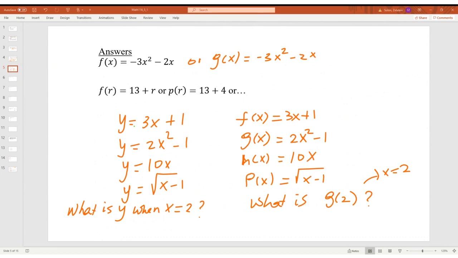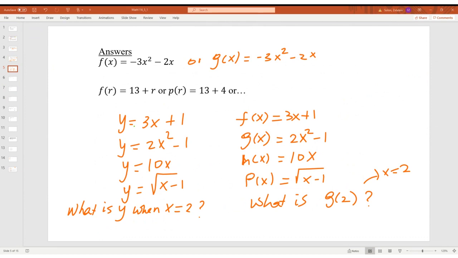Will it accept any of the 3 terms? g of x, f of x, you can use any of them. It doesn't matter. But if you have a single function, usually use f of x. But if you have multiple functions, you have to change because it is named. So you have to say f, g, h, p. You can use any term. Okay.